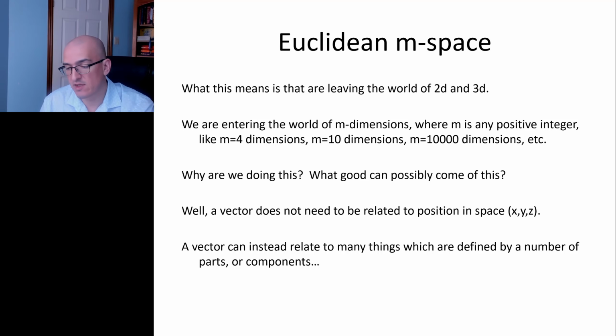Let's say the x component is the price of an apple, the y component is the price of a banana, and the z component is the price of a pear. You can have that being your vector. Add a fourth dimension, add a fourth object, and just put a fourth price there, a fourth number. You don't need to describe it in the same geometric terms, but all the mathematical machinery that we developed, vector addition, vector subtraction, and so on, can all be used in this higher dimension.